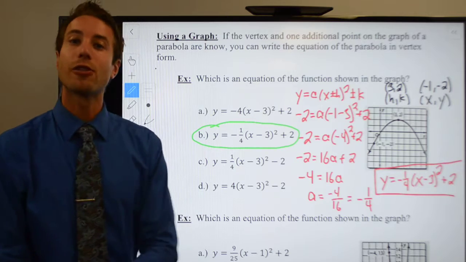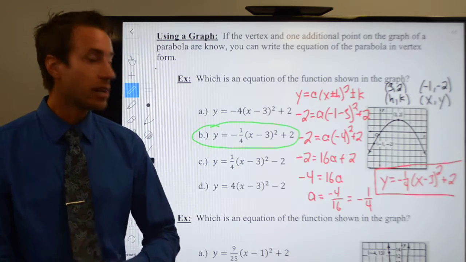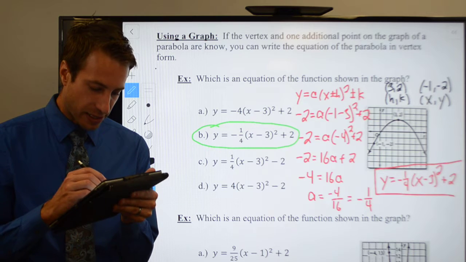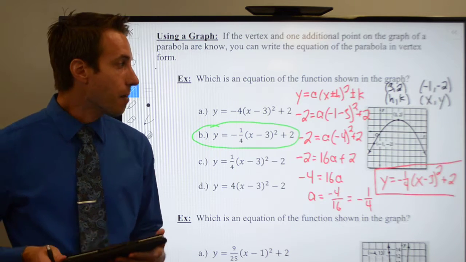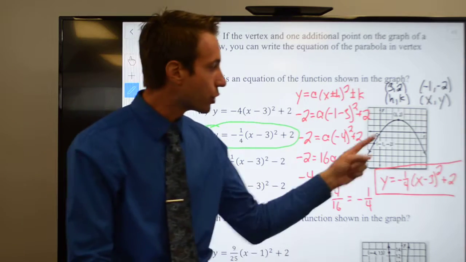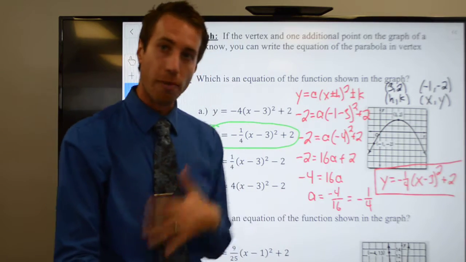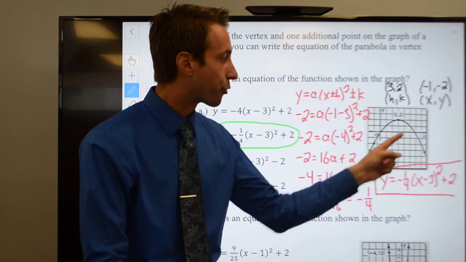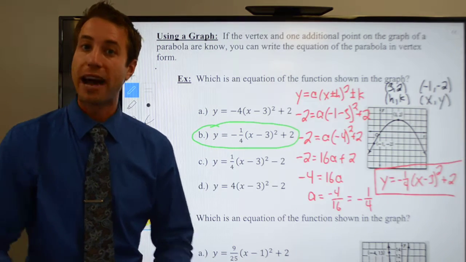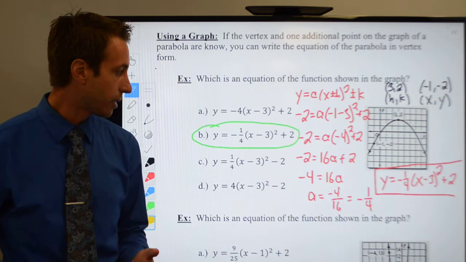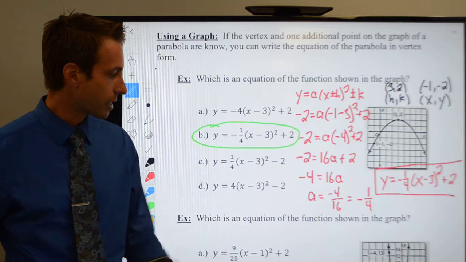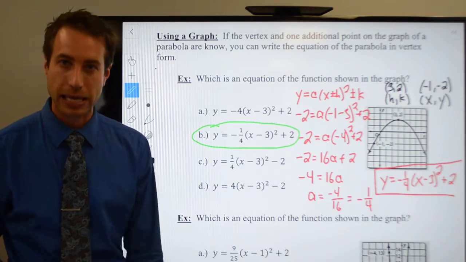Now, here's another way that you could do this. Here's what you know. If I were to graph this, I know that the parent function goes through the origin. So my graph has been shifted 3 units to the right, which means my h would have to be -3. All the choices have -3, so I can't eliminate anybody.